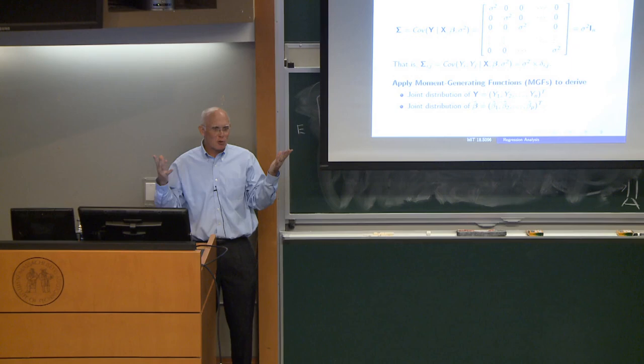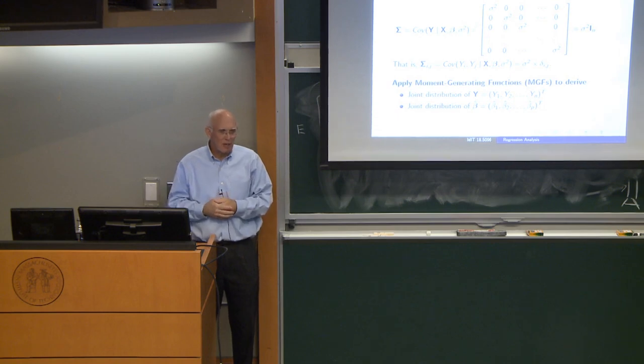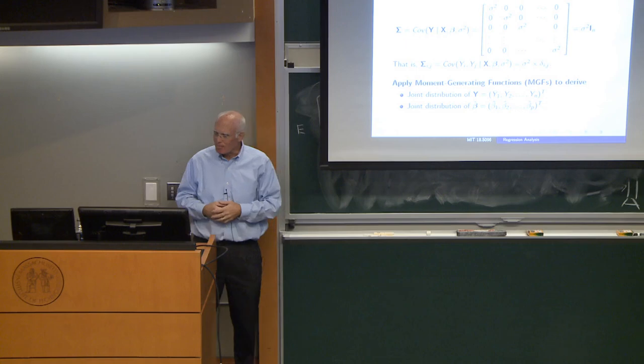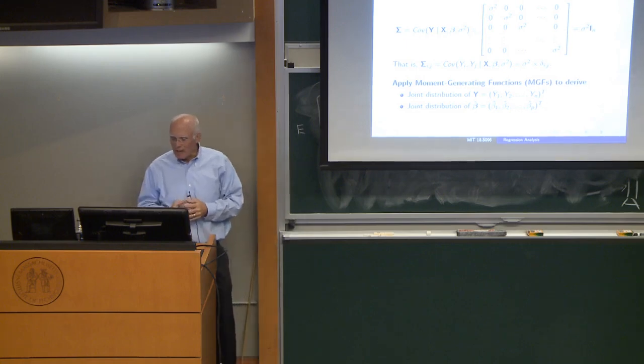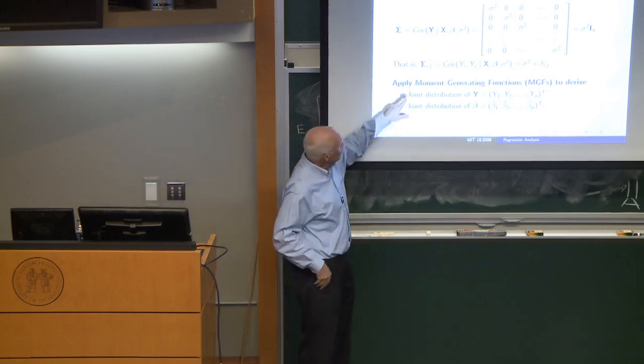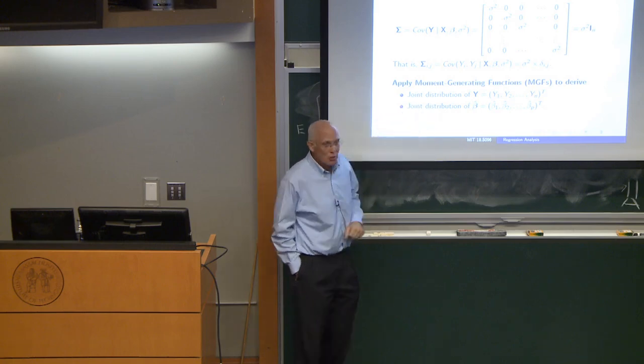I mean, maybe there's no structure at all and regression parameters are 0, so that there's no dependence on a given factor, and we need to be able to judge how significant that is. So we need to know what the distribution is of our least squares estimate. So what we're going to do is apply moment generating functions to derive the joint distribution of y and the joint distribution of beta hat.